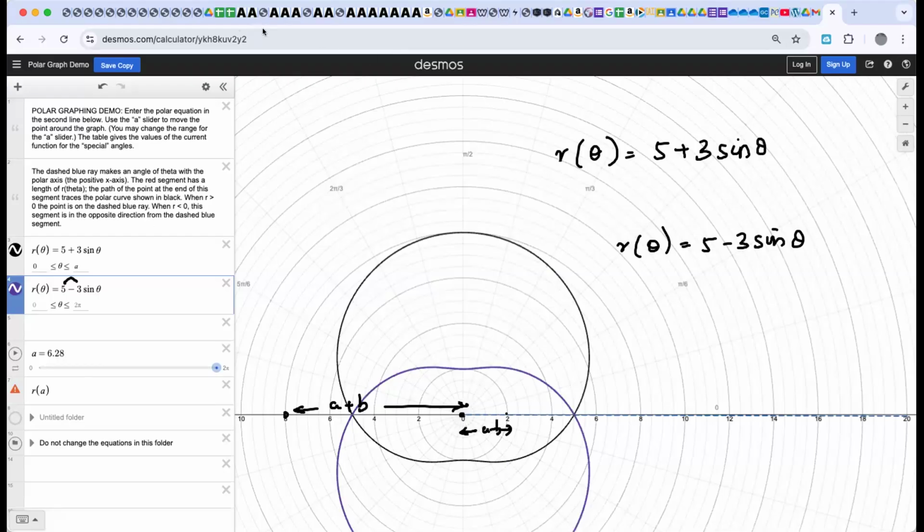So in this scenario, I want to erase this off. See what happens. A plus B, A minus B value is very important. From here, this should be 8. Yeah, that's 8. Do you see? 8 is here. And from the pole to the dimple will be 5 minus 3.